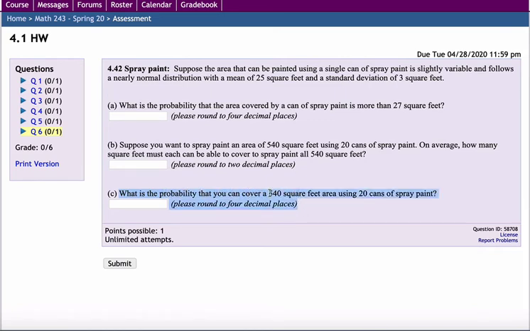What is the probability that you can cover 540 square feet using 20 cans of spray paint? This means the exact same thing as what is the probability that the average amount that you cover in a sample of 20 cans is more than 27 square feet. Ooh, where did 27 come from?